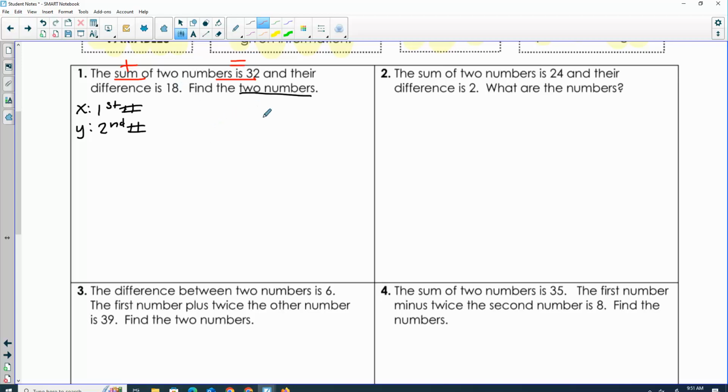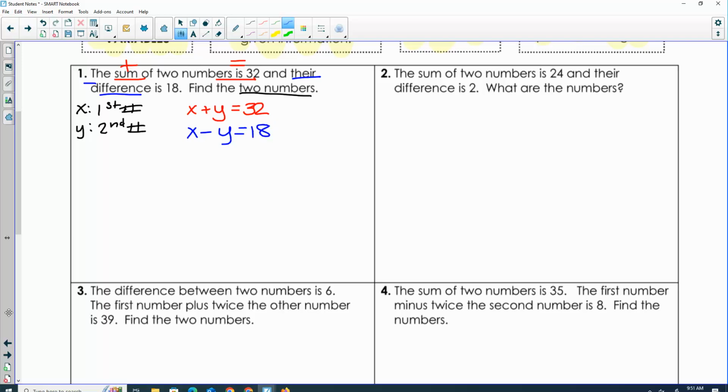So when I add my two numbers, so x plus y, it equals 32. Second equation. Their difference. What does the difference mean? Subtracting. So x minus y equals 18.